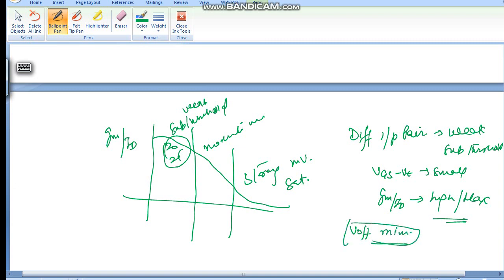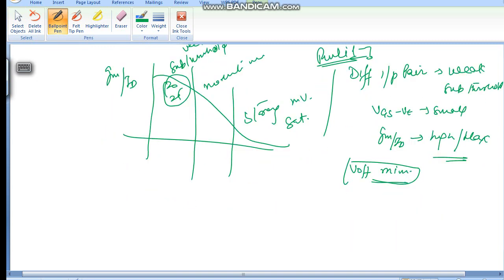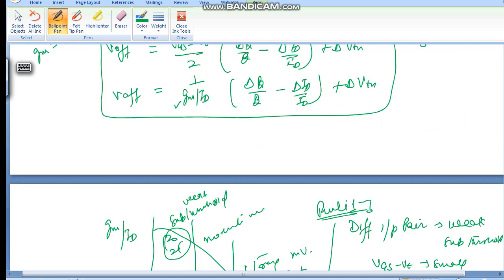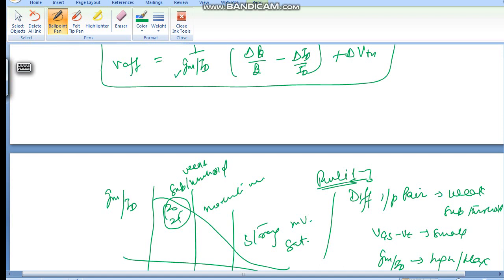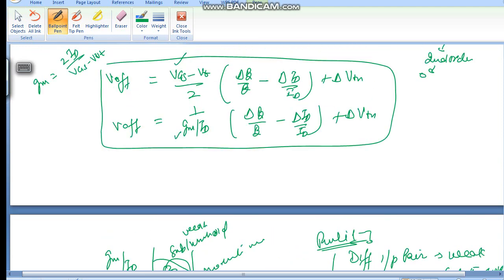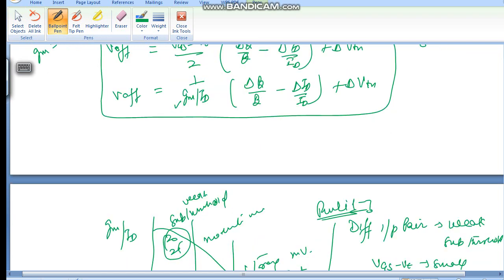So this is rule 1: we should put the differential pair there. If we compare this equation, GM by ID should be high, which is in the subthreshold region, and VGS minus VT should be less, which is also in the subthreshold region.